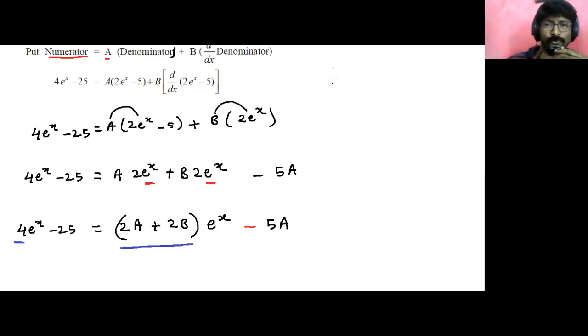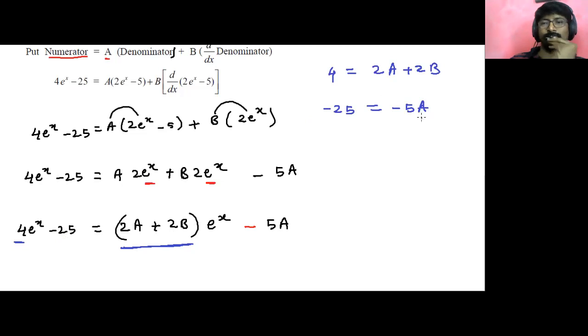So 4 is equal to 2a plus 2b, because the coefficient of e power x has to be the same on both sides of the equation. And then there is another constant. What is the constant? Minus 25 is a constant which is equal to minus 5a.